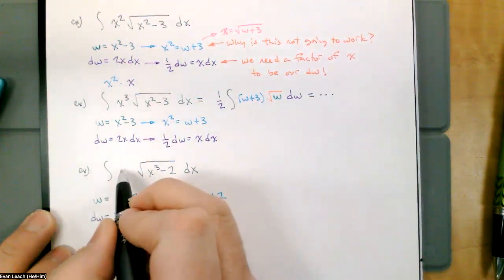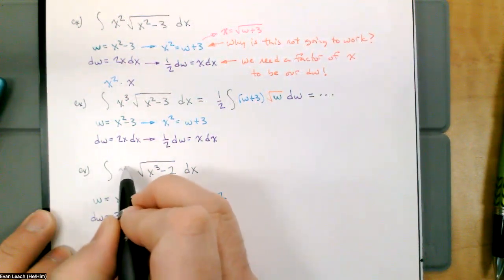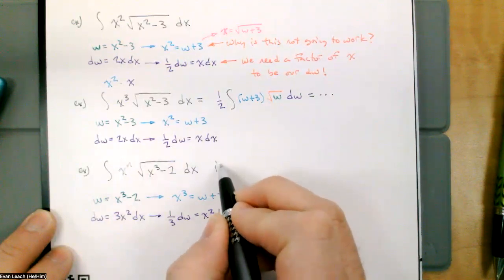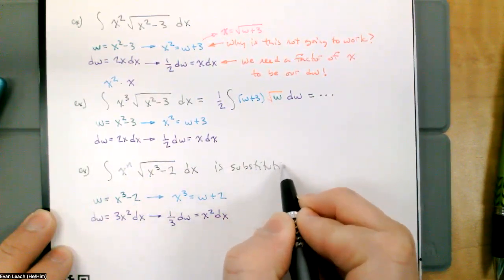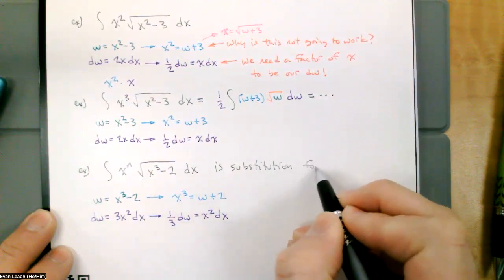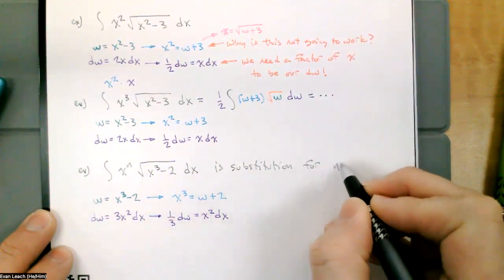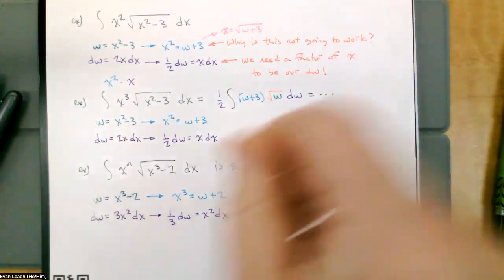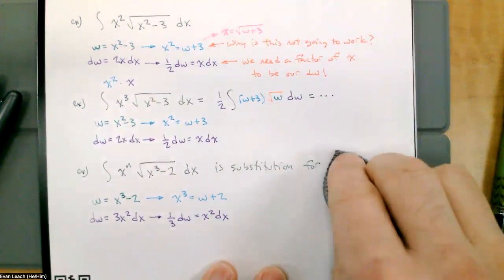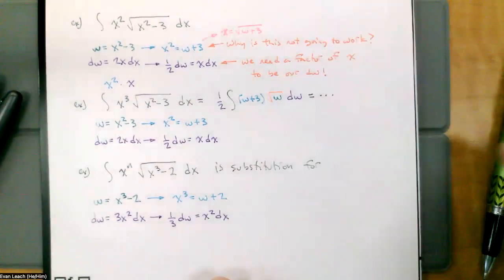So I'm just going to do an infinite number of examples. Instead of putting it in terms of n, I'm going to put it in terms of the stuff that we see.